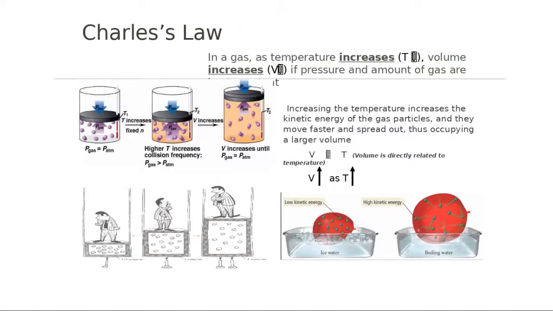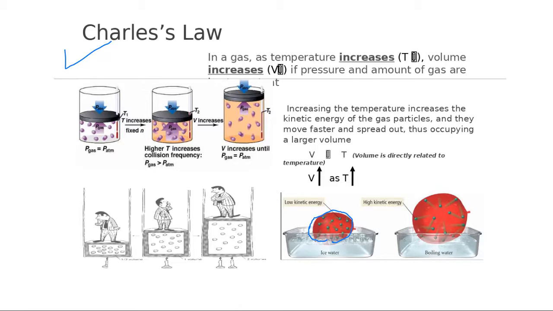Let's talk about Charles' law. Charles' law makes a relationship between the temperature and the volume. Let's see this example. We have a balloon that contains a number of molecules, and we put this balloon in ice water. This is the volume of the balloon at the beginning. We took this balloon and put the same balloon in boiling water.